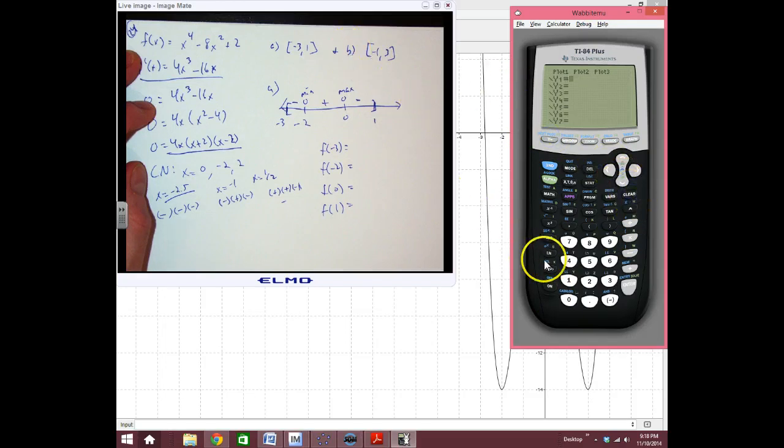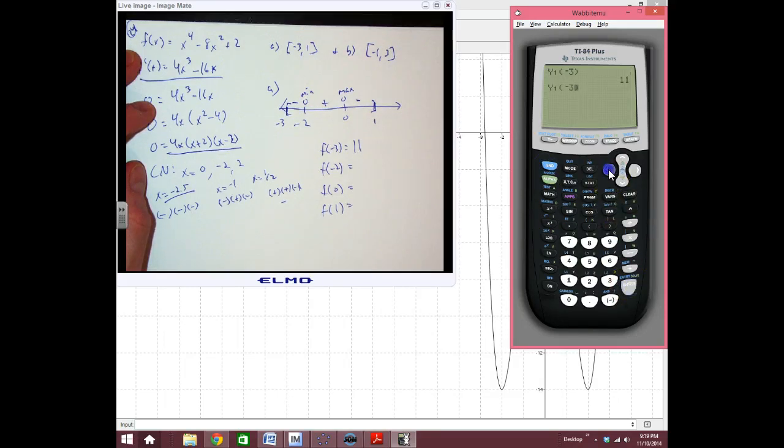Plug in the function into y1, x to the 4th minus 8x squared, plus 2. And now y1 of negative 3 is 11.